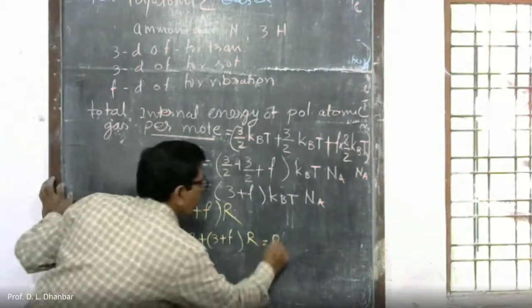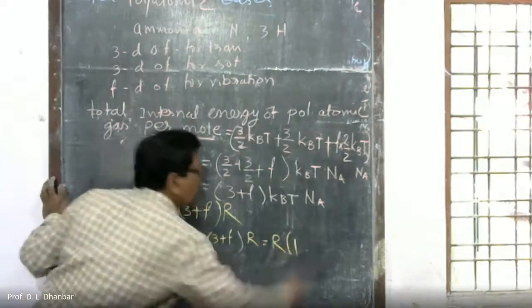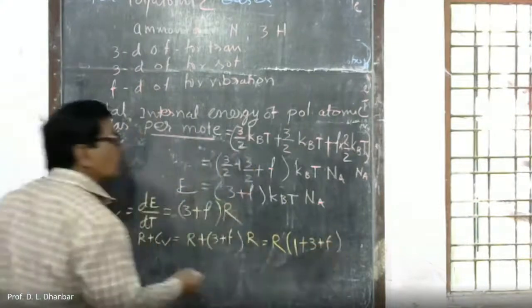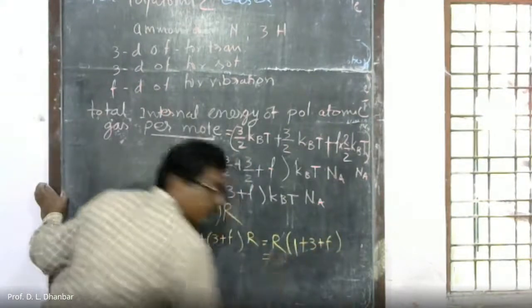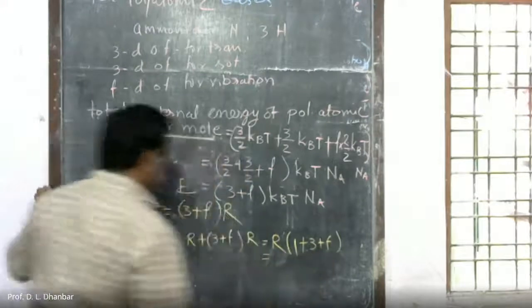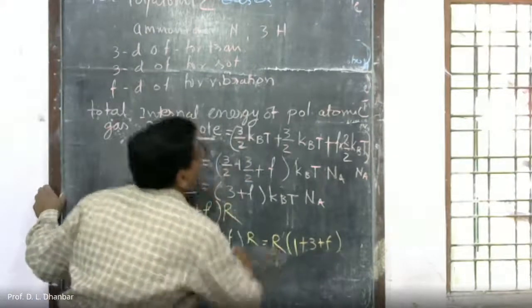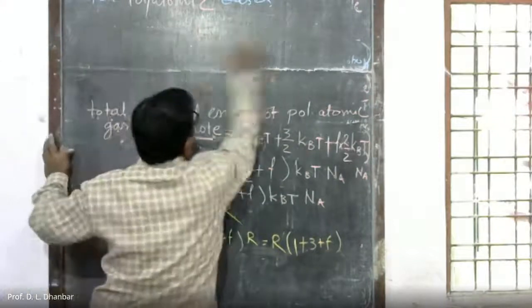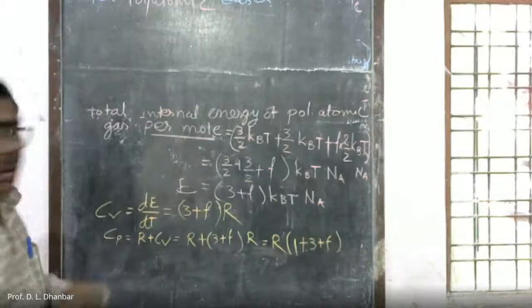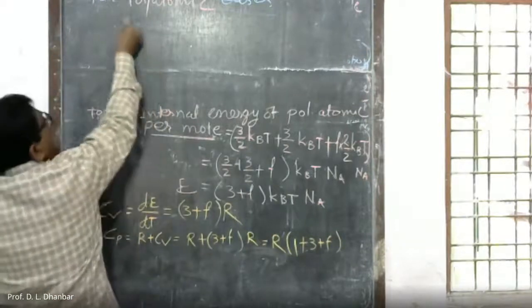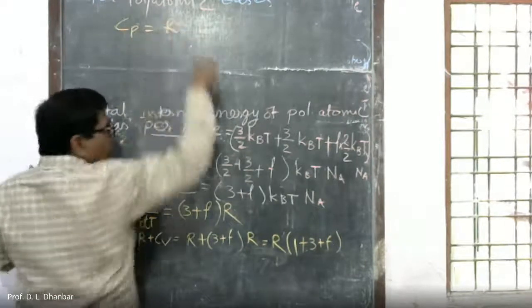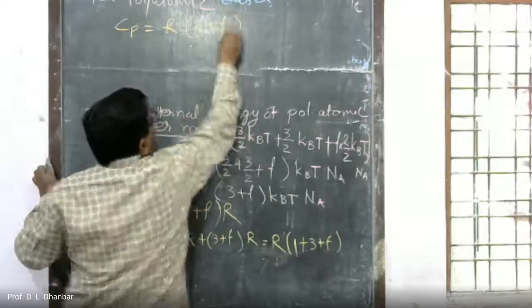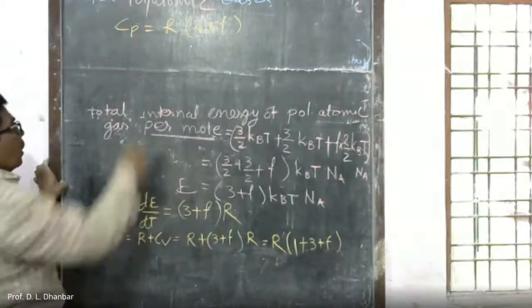Here you will get 1 plus 3 plus f, so Cp is equal to R into 3 plus 1, that is 4, plus f.